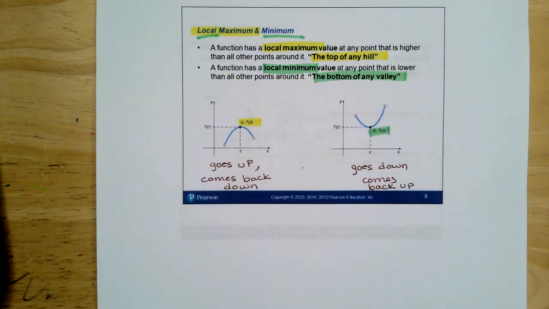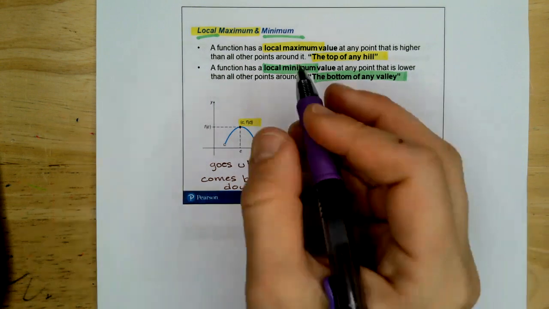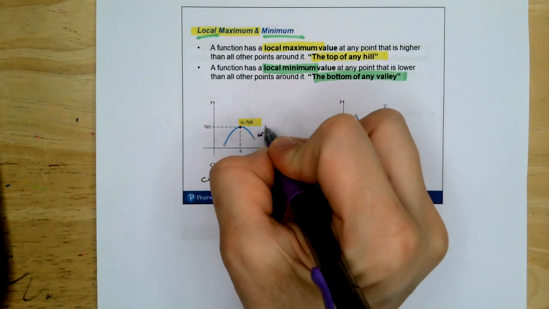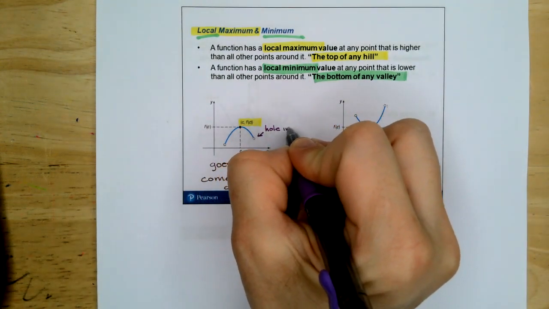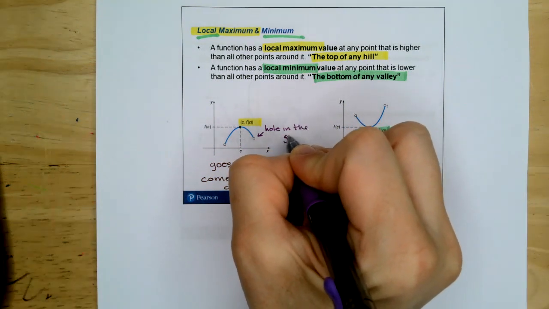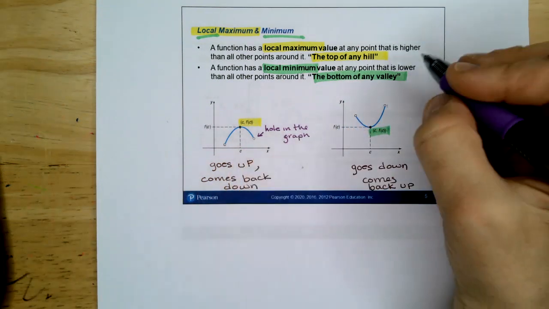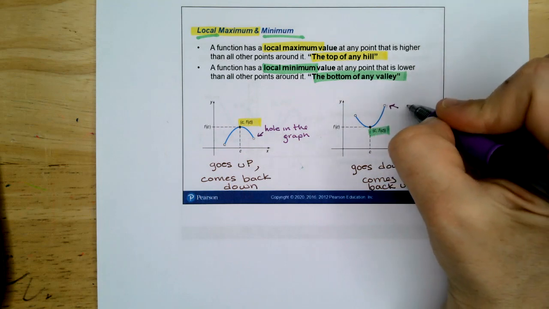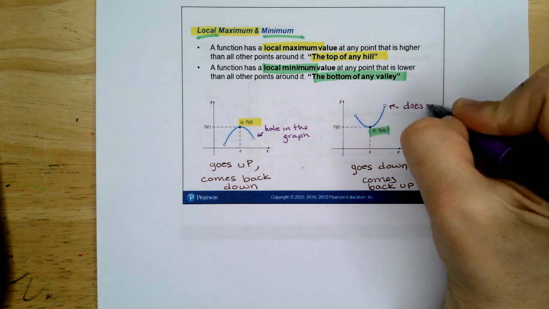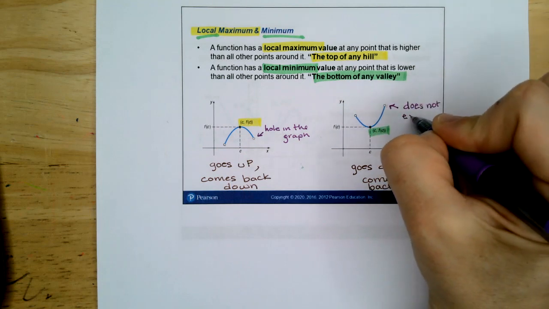Got it? Another very important thing is anytime you see something like this, it's a hole in the graph. So that point does not exist in the equation. Does not exist on the graph.